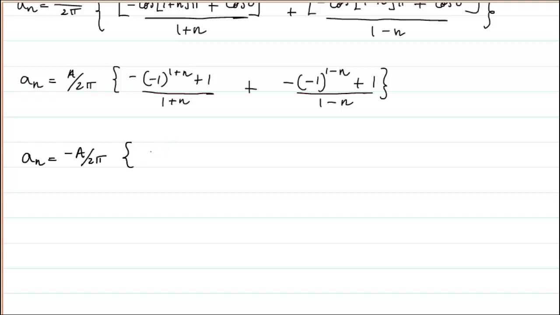When we take the minus outside, it becomes (minus 1) raised to power 1 plus n minus 1 divided by 1 plus n, plus here also I will take minus 1 outside, so (minus 1) raised to power 1 minus n plus 1 divided by 1 minus n.